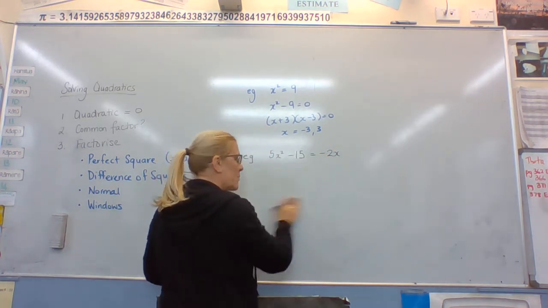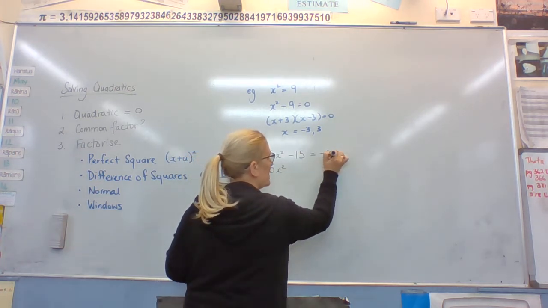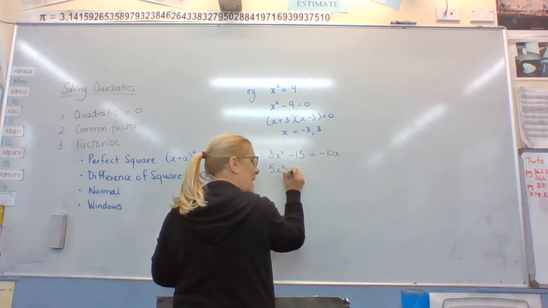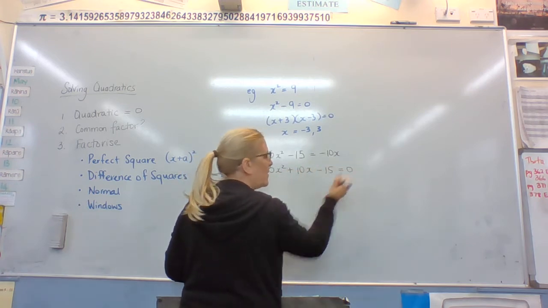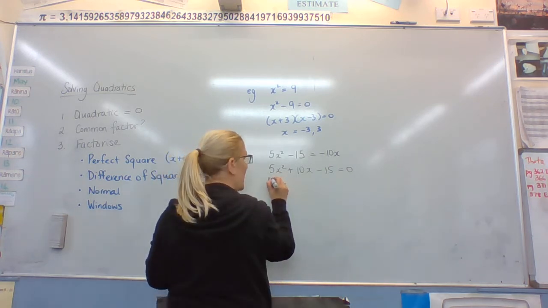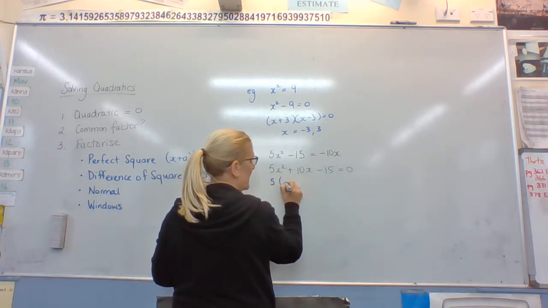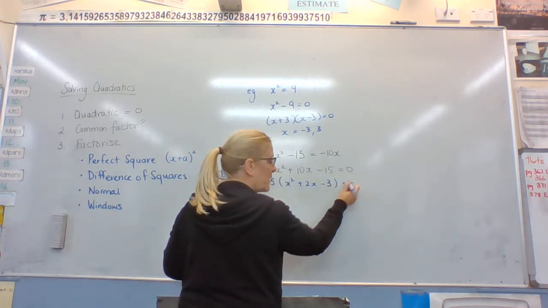So what we do is we rewrite it equal to 0, 5x squared plus 10x minus 15 equals 0. Next one, take a common factor out. That common factor is 5. 5x squared plus 2x minus 3 equals 0.